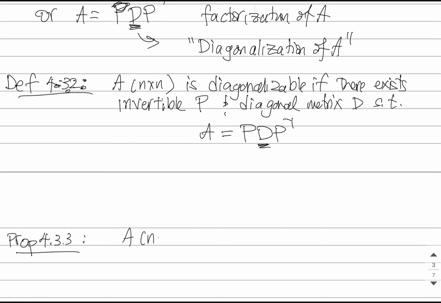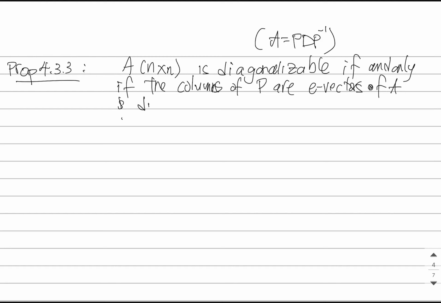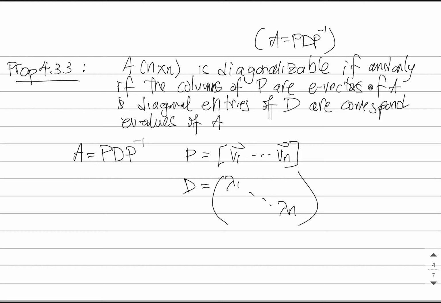So this matrix A, which is n by n, is diagonalizable if and only if the columns of P are eigenvectors of A, and the diagonal entries of D are the corresponding eigenvalues of A. If you want to be able to write this, P has to hold your eigenvectors, and D has to hold the eigenvalues that correspond to those eigenvectors.